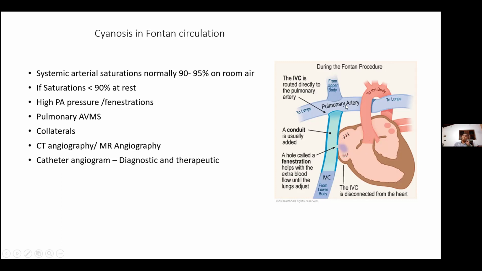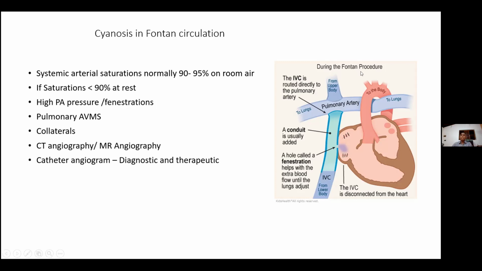Why they leave a hole is because if the pulmonary artery pressure goes up for any reason, because these two flows are happening passively, there is no active contraction of the cardiac muscle here. For the passive flow of SVC and IVC, you need to have a certain low blood pressure in the lungs, preferably around 15 millimeters of mercury.